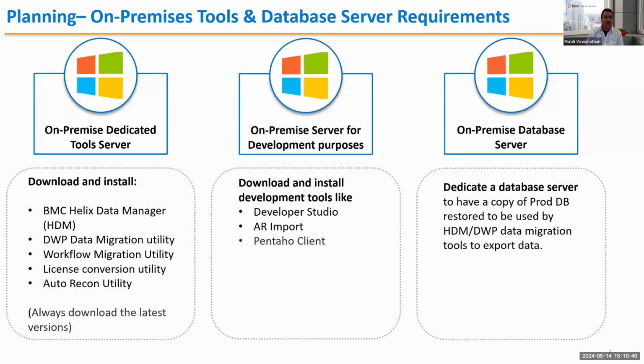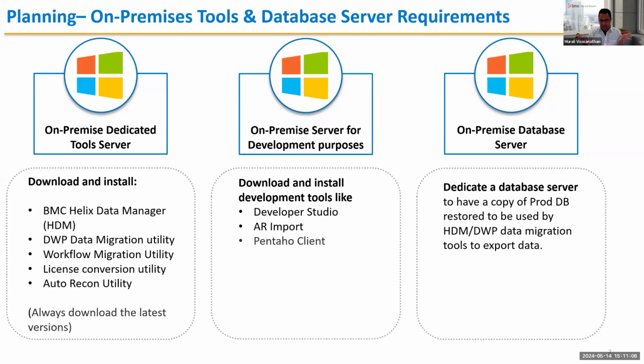So how do you get ready with what is needed from your on-premises side? On your on-premises side, you need a dedicated tool server. You need a dedicated database server where you can have a copy of your product database. And we also want you to download the latest tools in another environment, right? We don't want you to have your tool server and your development tools on the same environment.